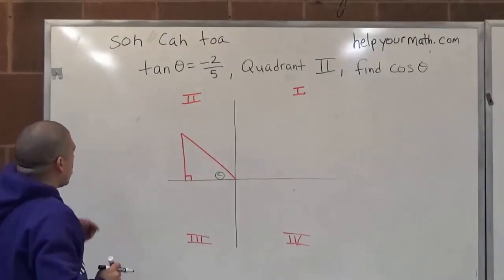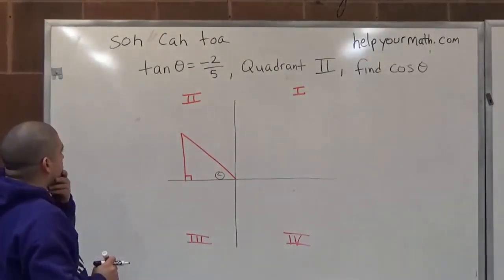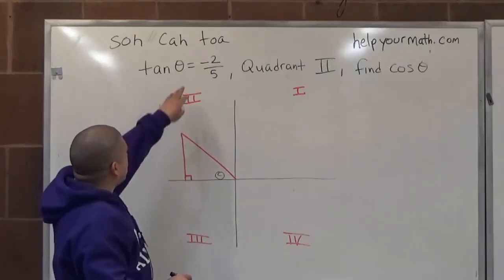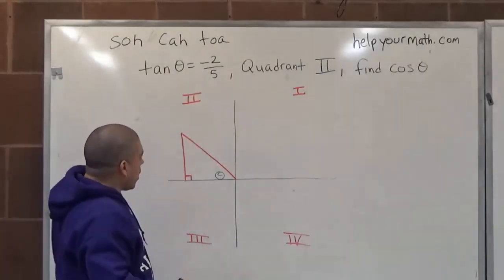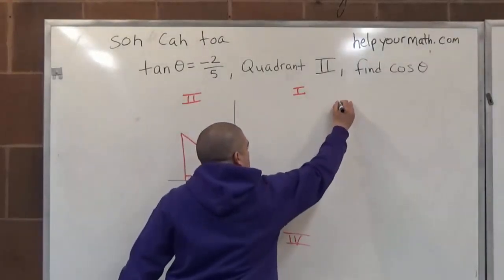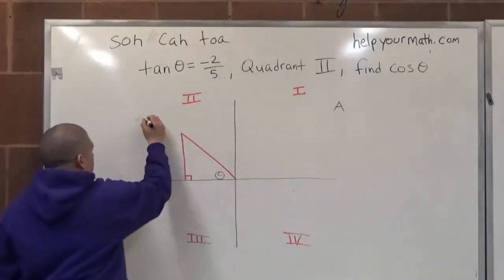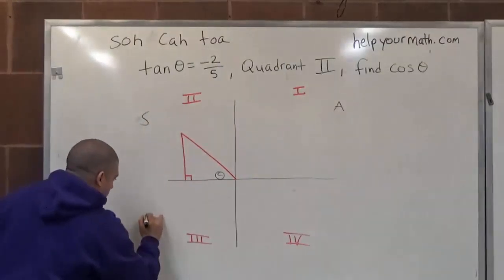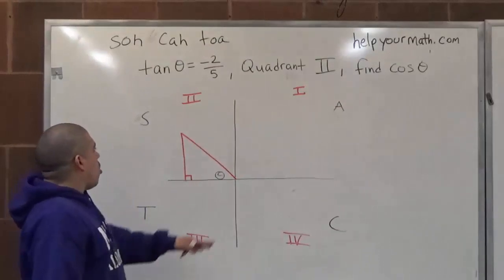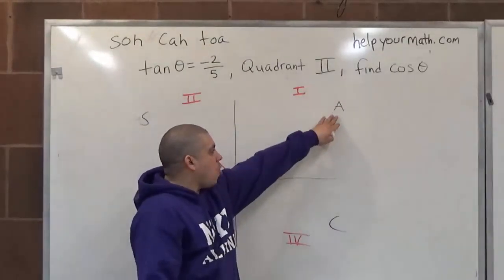By the way, when it comes to these signs, there's a little acronym known as All Students Take Calculus. What that means is that all the functions are positive here, all of them.